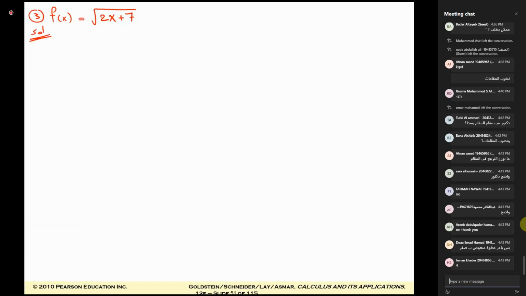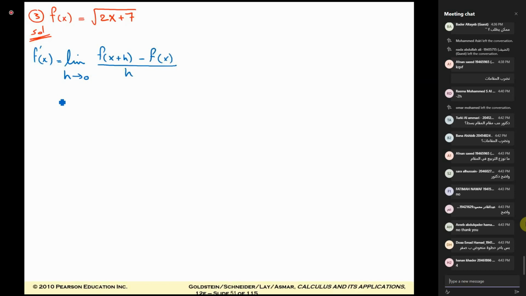What is the conjugate? Firstly, put f prime, this equals limit h goes to 0 of f of x plus h minus f of x over h.